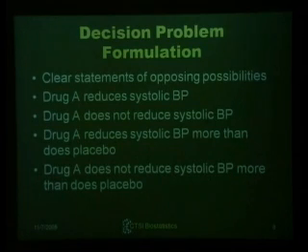The accused is innocent and the accused is guilty are the two opposing statements. And here we would have: drug A reduces systolic blood pressure; drug A does not reduce systolic blood pressure. But we changed that a little bit, and we said, no, we're going to compare it to placebo. So drug A reduces systolic blood pressure more than does placebo, right? And the last statement is that that's not the case. So those two are opposing statements.